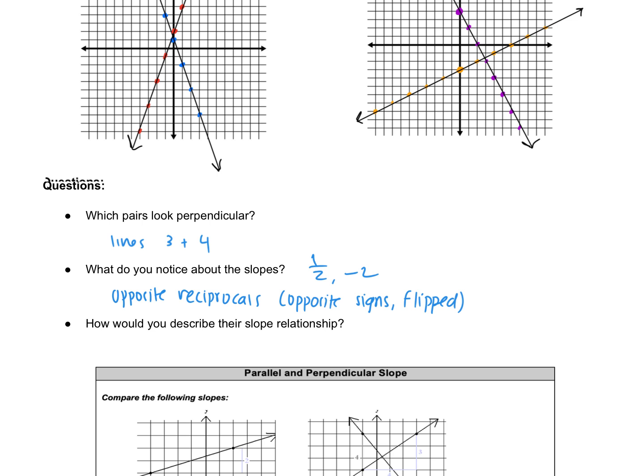Did you notice, though, with 1 and 2, when we just took the slope and switched the sign, that was not perpendicular? So positive 3, negative 3 is not perpendicular. They're opposites, but they're not reciprocals. So the thing with perpendicular lines to know is the slopes have to be opposite, they have to be flipped. So there are two things that are required.